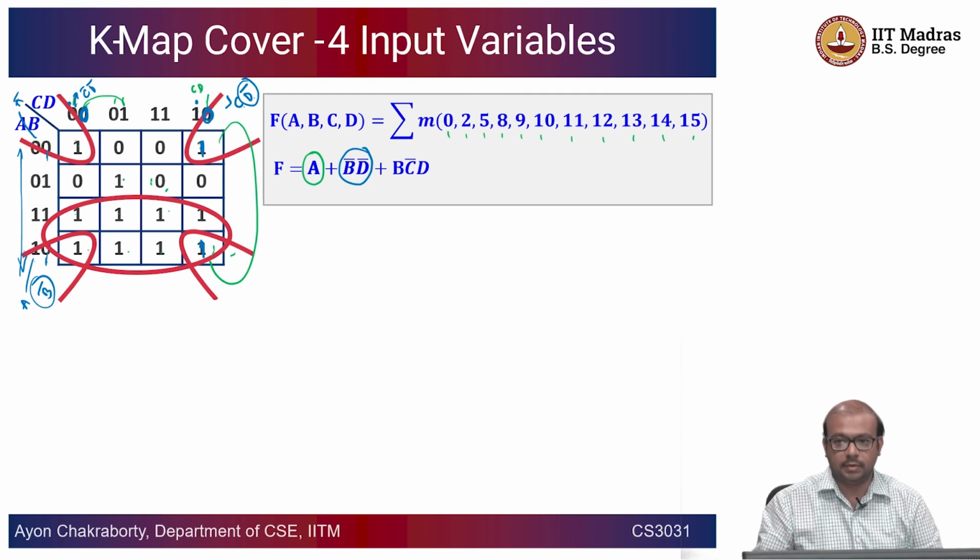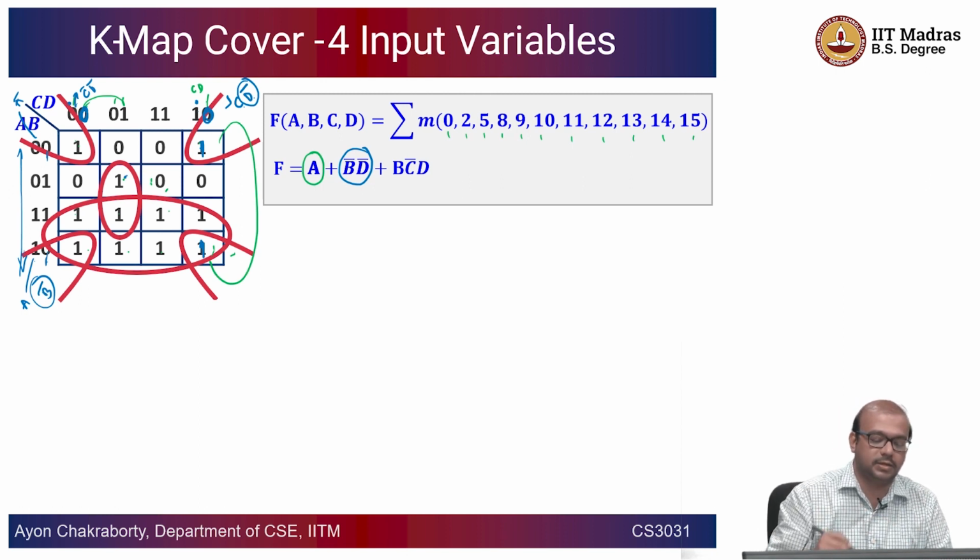Next are these two, which are adjacent to each other, and this particular top one has not been grouped yet. In this case again A vanishes, because 0 and 1, A and A bar, vanish. The only thing remaining is B in the vertical line, because this is 1, B remains.